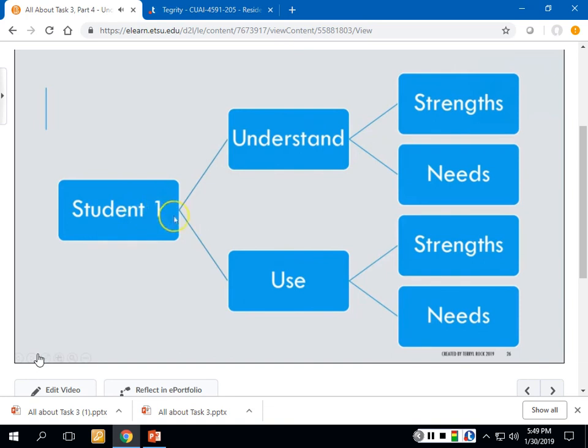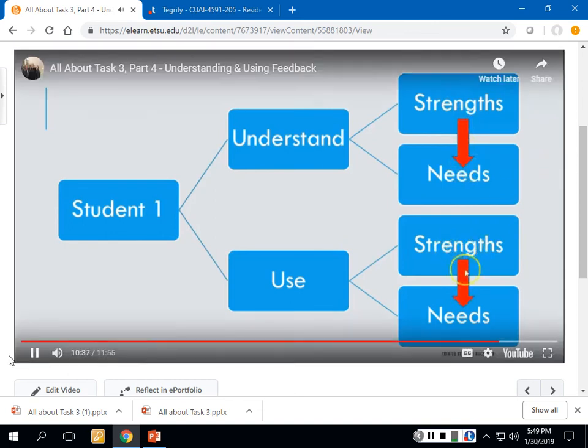Then student 1, how they're going to use their strengths and their needs. So helping them understand their strengths and then their needs, and then how they might possibly use their strengths to overcome their needs might be a really good approach. How can they use their strengths to overcome their needs? If you can make that, I think you got it.